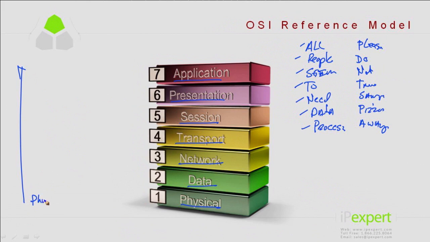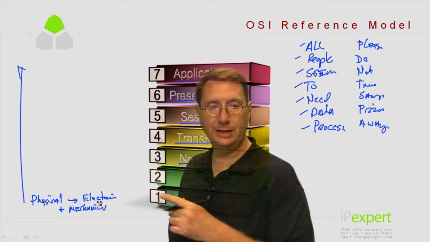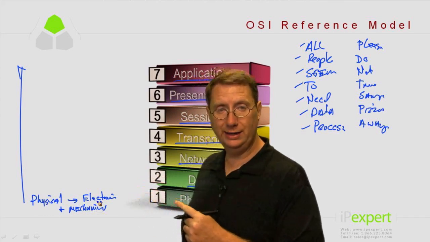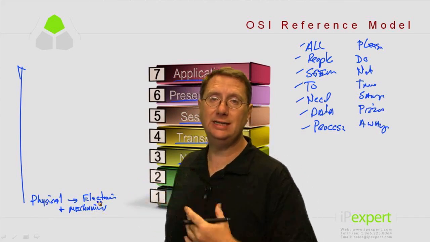So the physical layer. The physical layer quite literally governs all of the electrical and mechanical rules. Now the electrical and mechanical rules are important because it's through the use of these electrical impulses at layer 1 in this model that we're going to be sending messages.